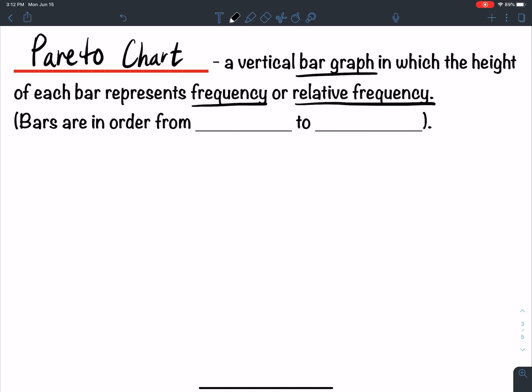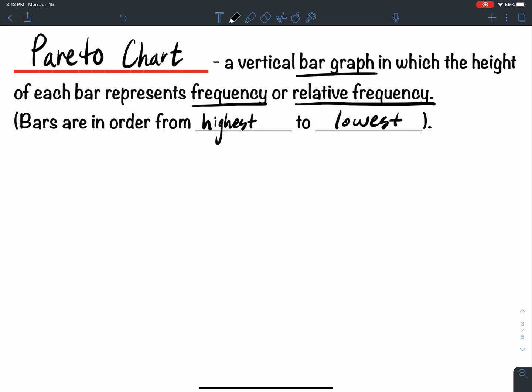The thing about the Pareto chart that separates it from a regular frequency histogram is the fact that the bars are ordered from highest to lowest. The bars are in order of decreasing height, the tallest bar positioned to the left, and then as we go towards the right, the bars get lower and lower.